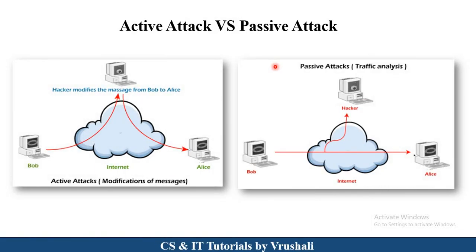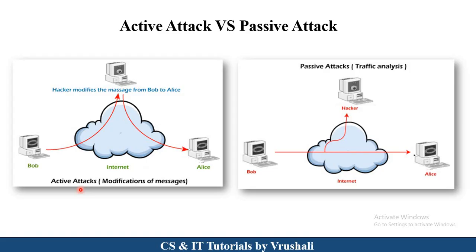Now, the most important topic is active attack versus passive attack. Here are some diagrammatic views of these attacks, which are easy to understand. First, active attack. Consider that there is a sender and there is a receiver. The sender is Bob and the receiver is Alice. The sender wants to send particular information to the receiver.